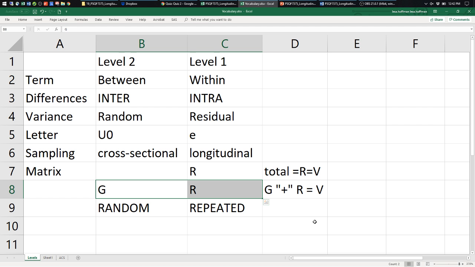So that's the level 2 between sources of inter-individual differences in G. R then must become what's left, which is level 1 within: residual variances and covariances. It's the E's, the deviations around those person means. To get the total put back together again, you have to recombine G and R to get to V, which gives you the total prediction. So if you don't have G, R and V are the same thing.